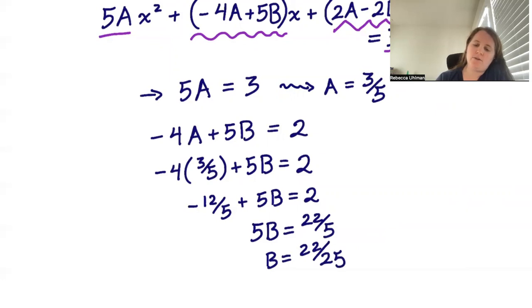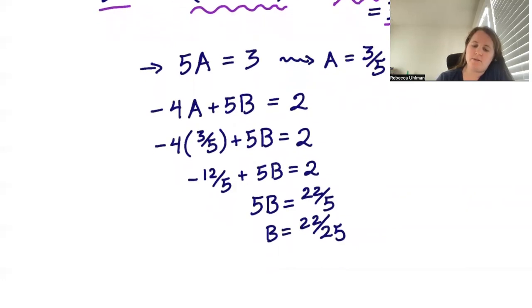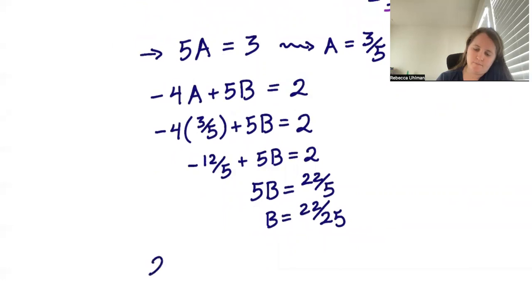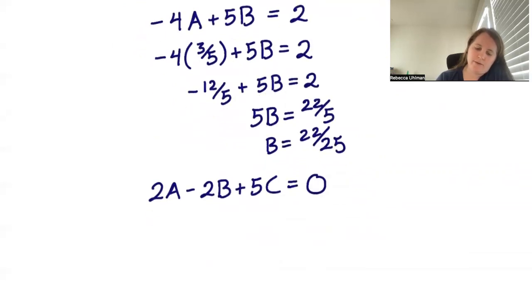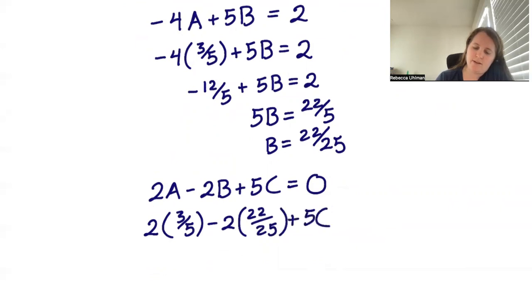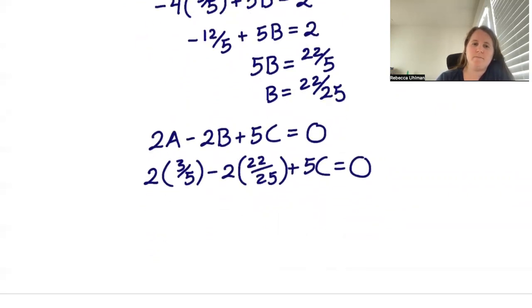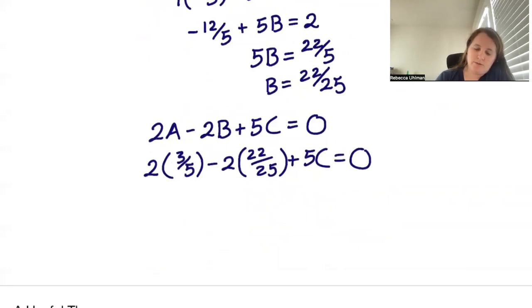And then finally, we have 2a minus 2b plus 5c equals 0. So our a was 3/5. We have 2 times 3/5 minus 2 times 22/25 plus 5c equals 0. 2 times 3/5, we're looking at 6/5 minus 44/25 plus 5c equals 0.